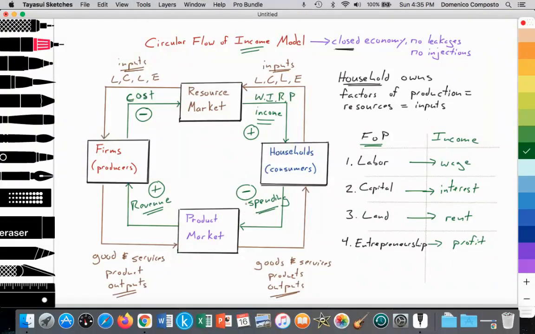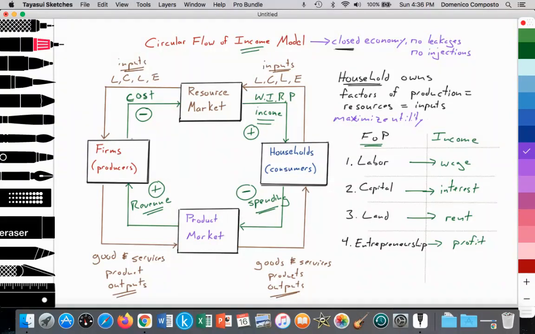It should be noted that households seek to maximize their utility. Okay? And they maximize their utility by selling their resources at the highest price possible in order to generate the most amount of income, which will be used to buy goods and services at the lowest price possible.